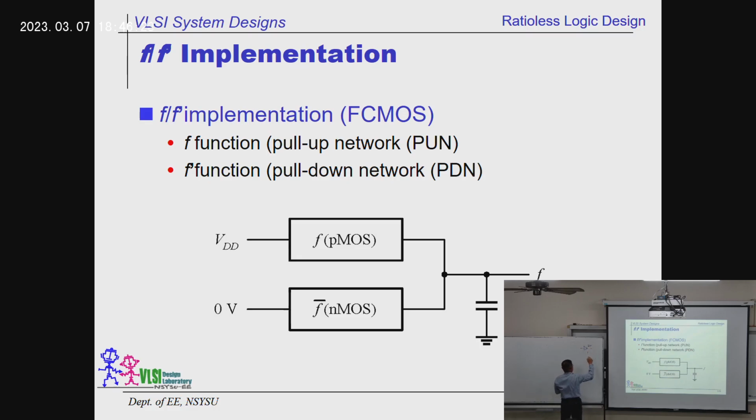We assume the length is the same. We like to have a 2:1 width ratio so that the current in the P device and the N device will be equalized, and the charging and discharging time will be almost the same. That's the basic sizing info that we need.